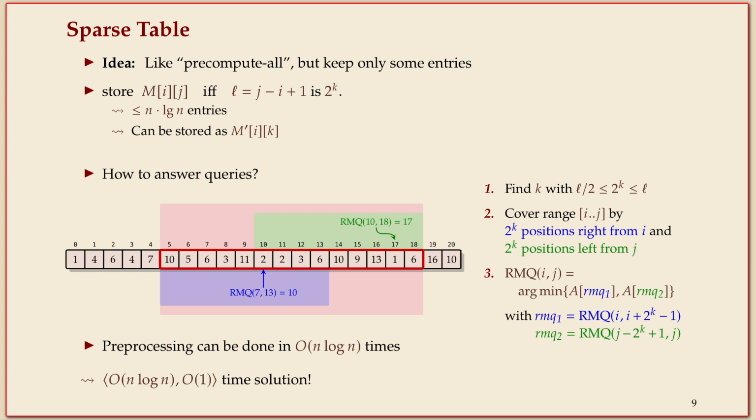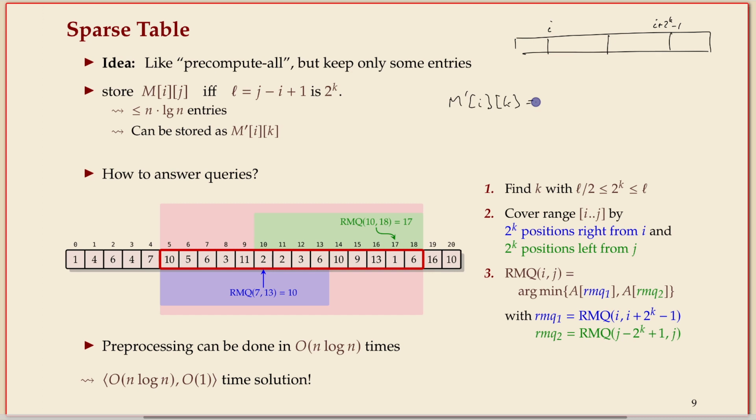We also have to pre-compute that at pre-processing time. But you can do this with the same trick as before. If you're trying to fill this table, what that means is a range that starts at i and extends to the k positions. Well, I can cut that range in half. Then I have two ranges of the next smaller power of 2.